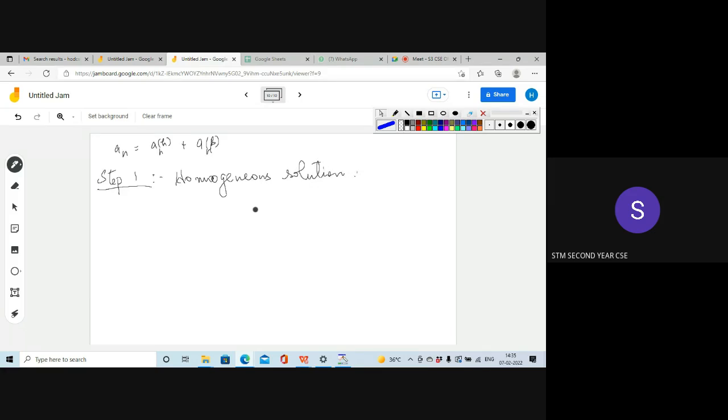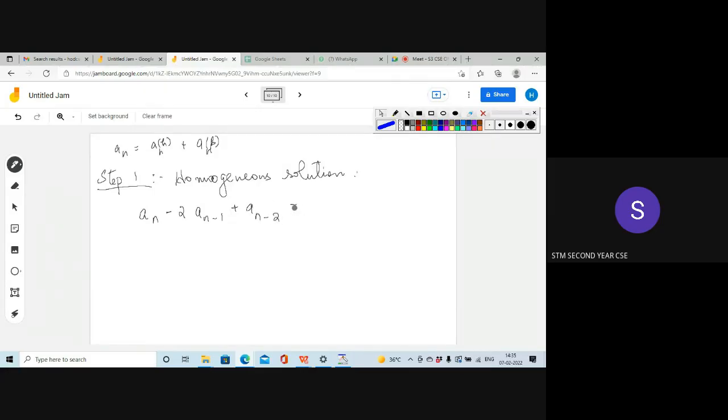I hope you know we have done it many times to find the homogeneous solution. What is the question given to us? a_n minus 2 a_(n-1) plus a_(n-2). This is the RHS.